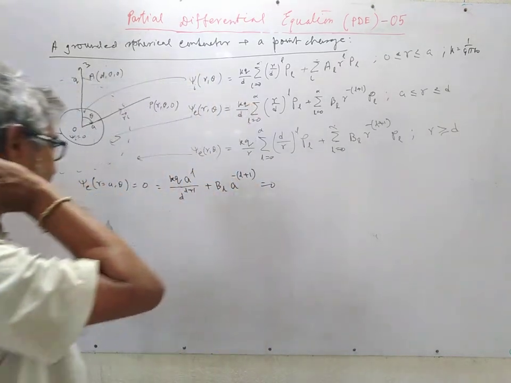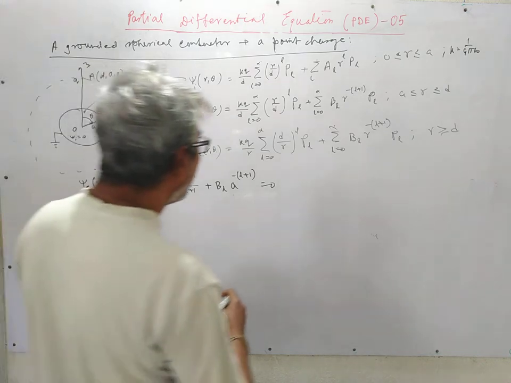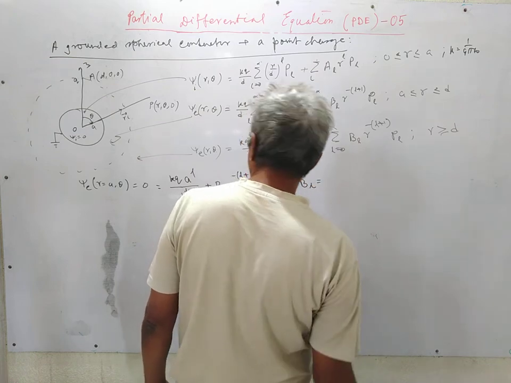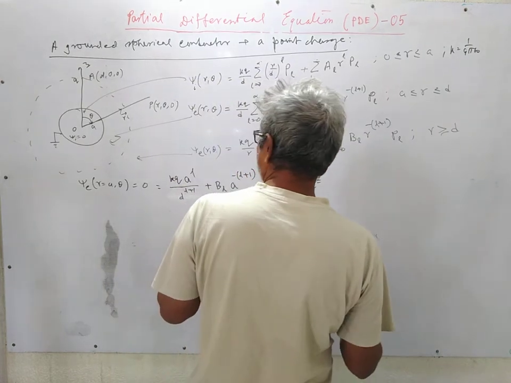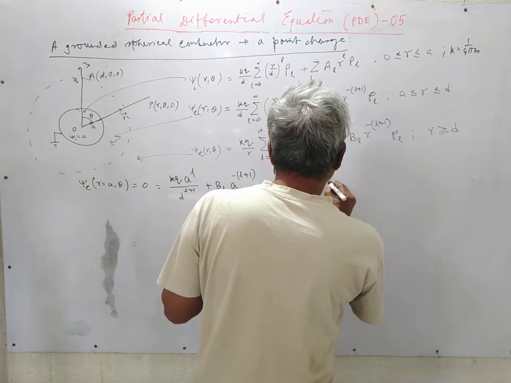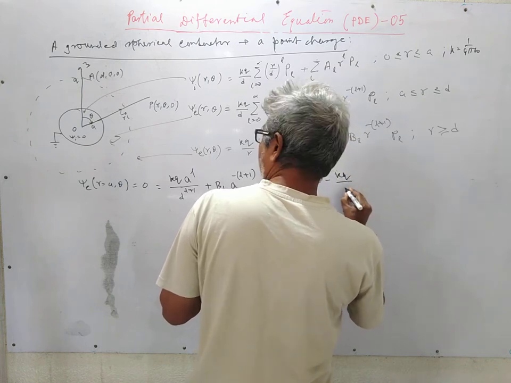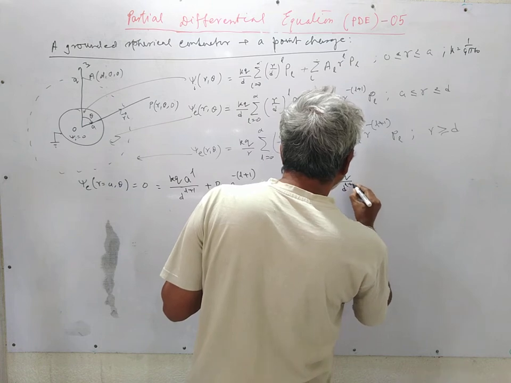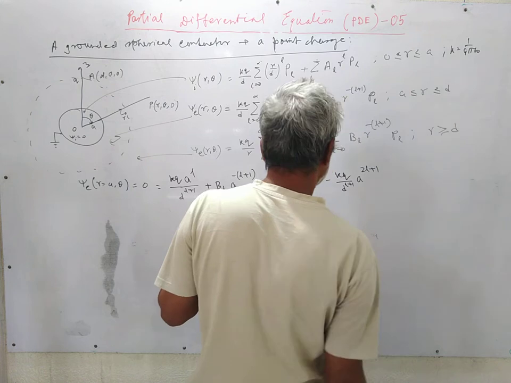This is the coefficient of PL, or we get BL equal to minus KQ a cubed upon d to the power L plus 1 a to the power 2L plus 1.